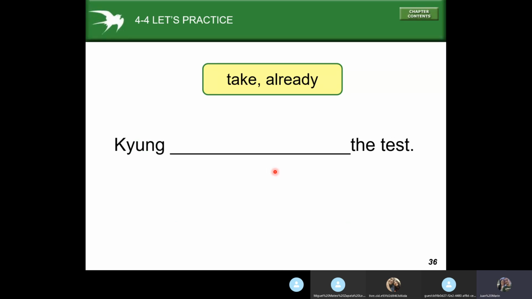We have take and already. Kyun is the name of someone and the test. How do you form a sentence with these two clues? What would you say? Kyun.